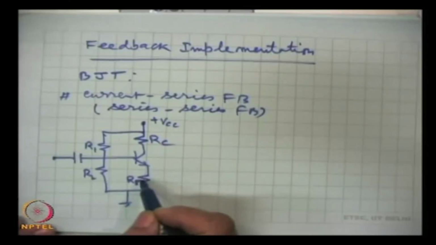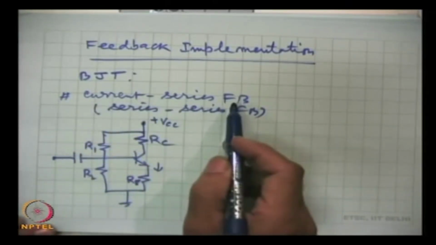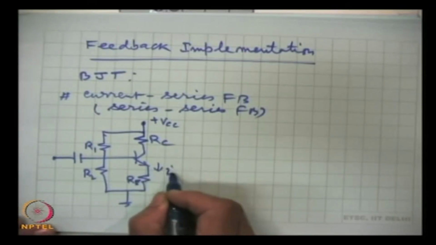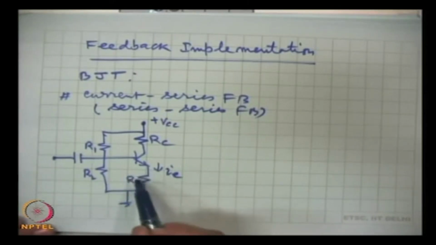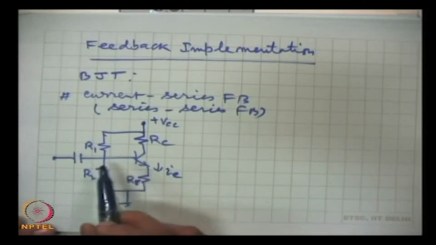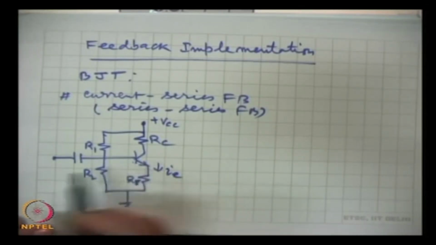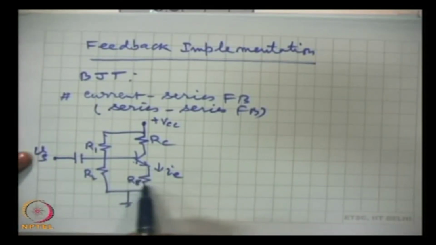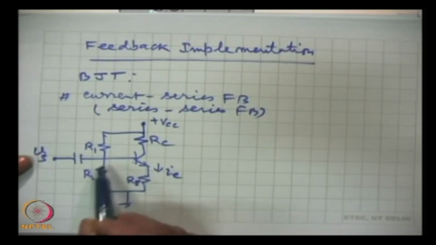Incorporation of this resistance, because now through this current series feedback, the voltage developed here will be proportional to the current flowing from here. So, the voltage developed becomes part of the input. Now, the net input which is going to the transistor is not the signal which you are applying, but signal plus this voltage, and this voltage will take corrective measures and it is returned in series.